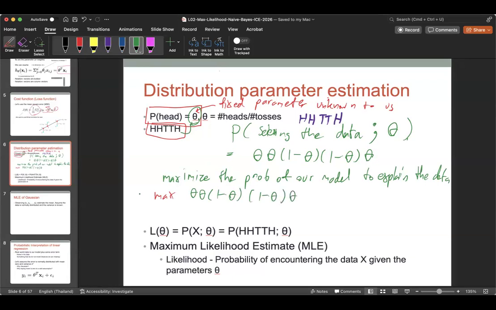We want to find the argmax over theta that maximizes it. How can we maximize this? We can say this is equal to this, and we can differentiate with respect to theta, which will give us... how do we differentiate this?